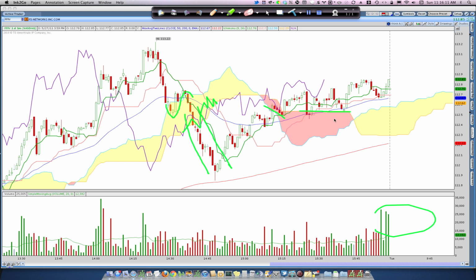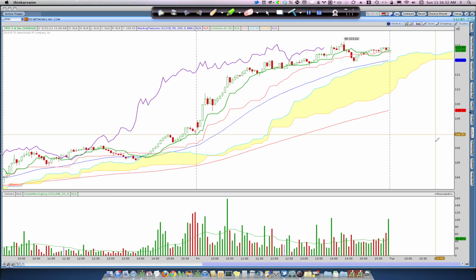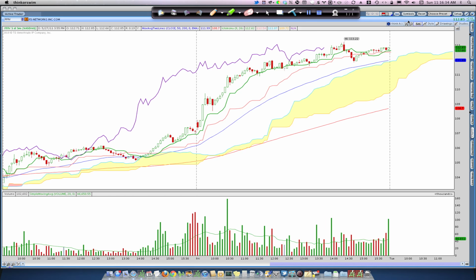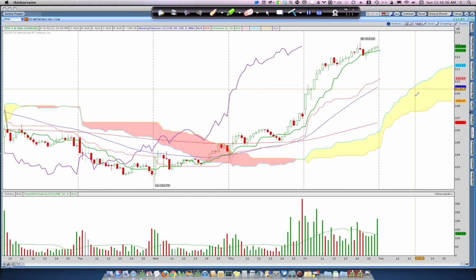You're going to want to use your volume, but you're going to find the cloud is going to be an excellent indicator for you. If you're a 1-minute trader and you want to know, okay, I've broken the 1-minute cloud, I've got my 1-minute buy signal here, I'm going to buy. Where am I likely to meet resistance next? You can use Fibonacci's naturally, or you can simply go to the 5-minute cloud. No resistance from the 5-minute cloud. Let's see the 15-minute.